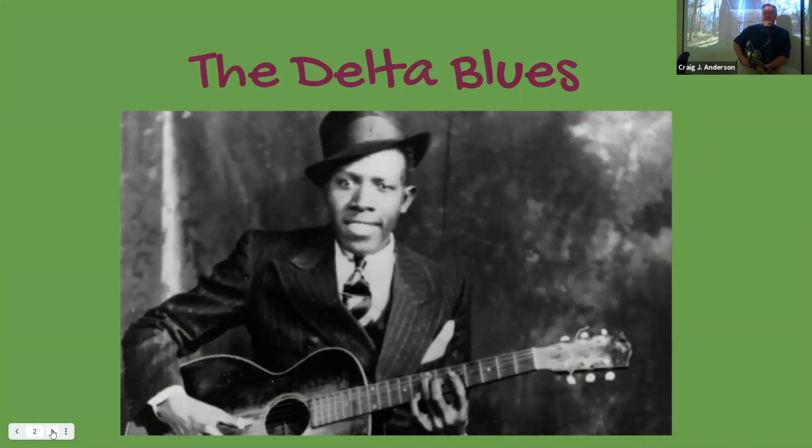Okay, so the Delta Blues, and this is a photograph of blues musician Robert Johnson. He's one of the more legendary blues musicians. This is only one of 3 pictures of Robert Johnson.